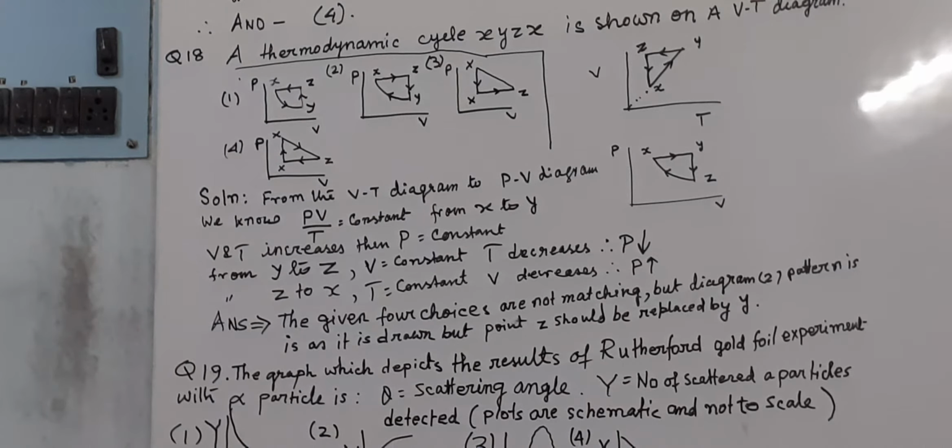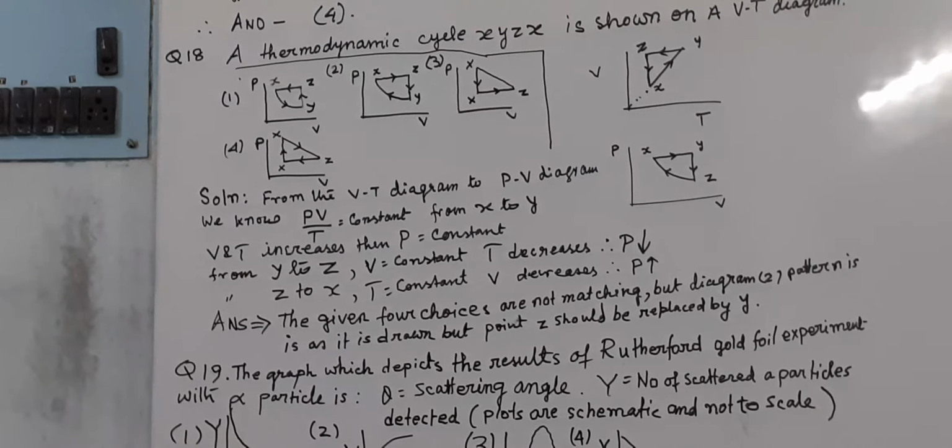As V and T change, pressure has to be constant. So on the PV diagram, X to Y is drawn keeping pressure constant, volume increases. Now for Y to Z, we can see keeping volume constant, temperature decreases. So on the PV diagram, for Y to Z, as temperature decreases, pressure has to decrease.